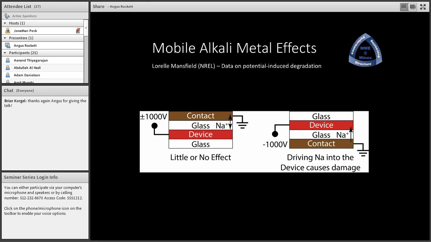But if you apply a bias between the back surface of the encapsulation and the device, never mind the fact that the glass is apparently electrically insulating, you can drive impurities around, and apparently the problem is associated with driving sodium into the device based on a negative bias to the device relative to an outside contact.